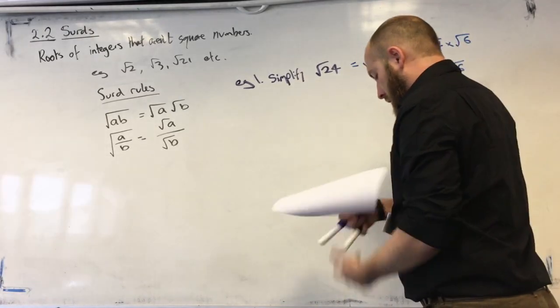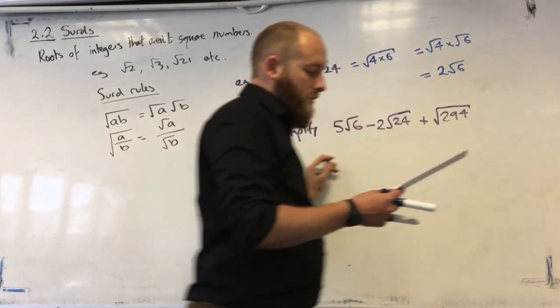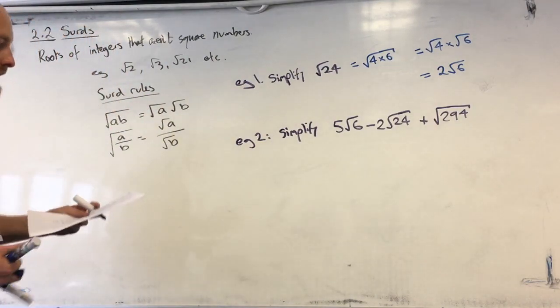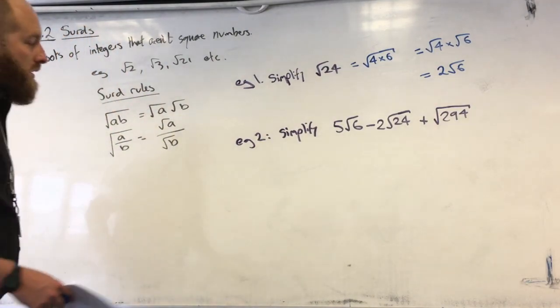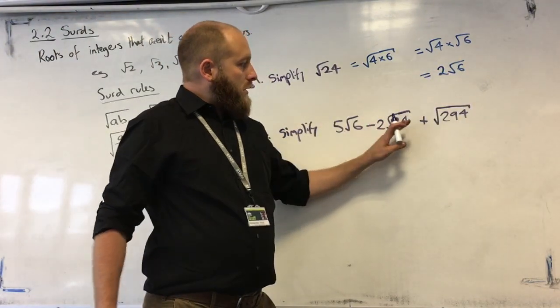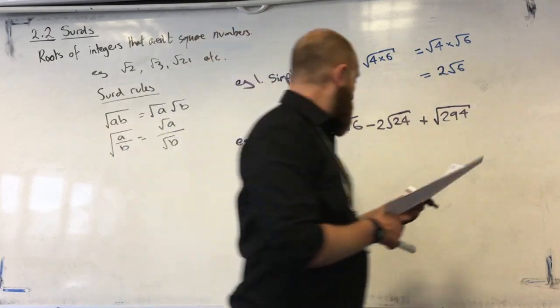Alright, if you guys would like to try this one, so pause the video and give it a go. Alright, so because we got root 6, we saw earlier we can't actually simplify that anymore. We're going to try and split both of these up into some amount of root 6's.